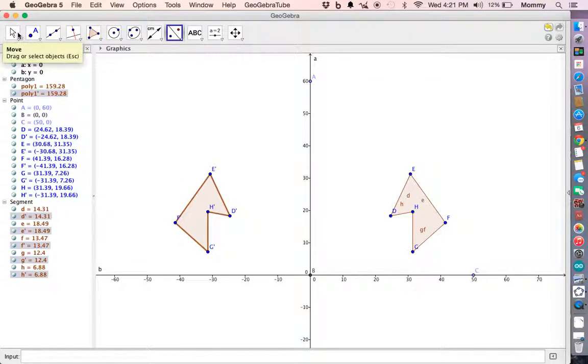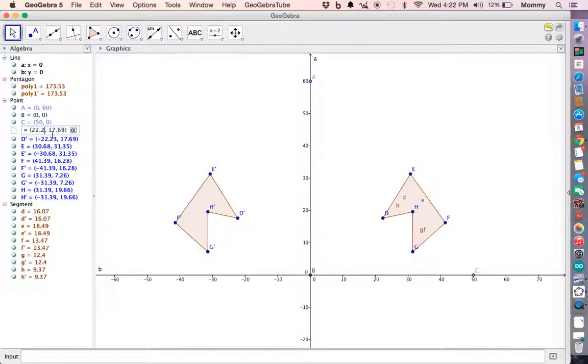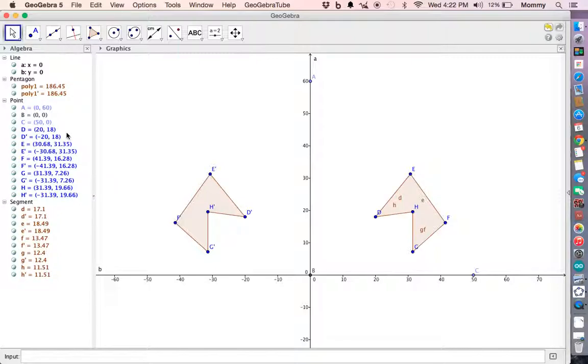Now, let's take a look at these points, and I want you to jot down the points. Point D, and let me try to get these all on nice even points. Let me just pop in 20 and 18.